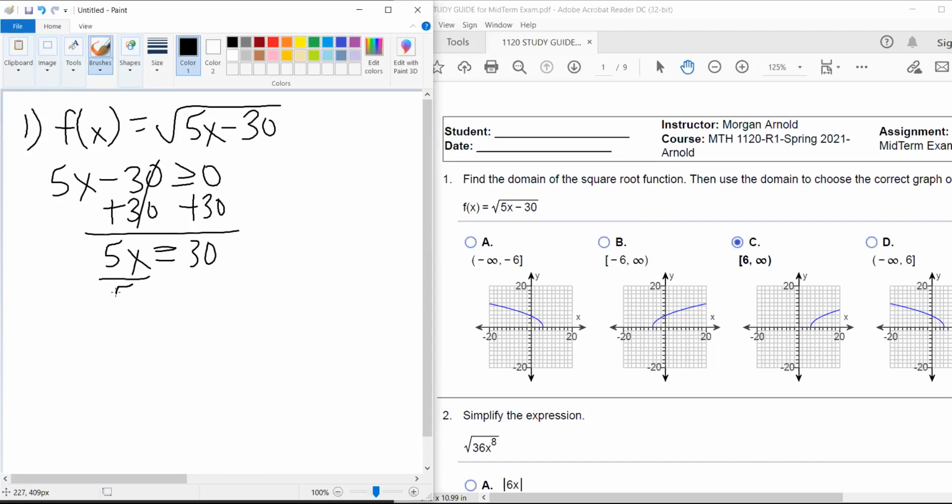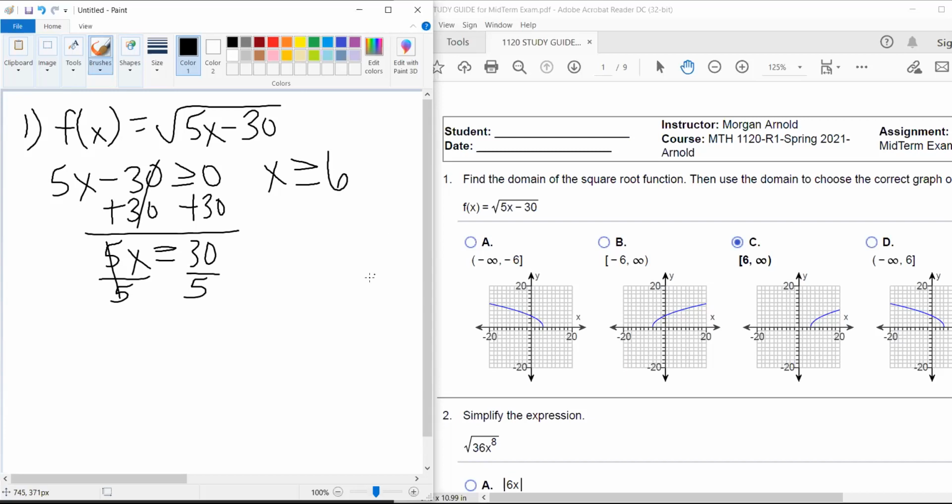And the last step, just divide both sides by 5. Remember though, if you're dividing both sides by a negative number, then you have to change your inequality symbol to its reciprocal. But here we don't have to do that.